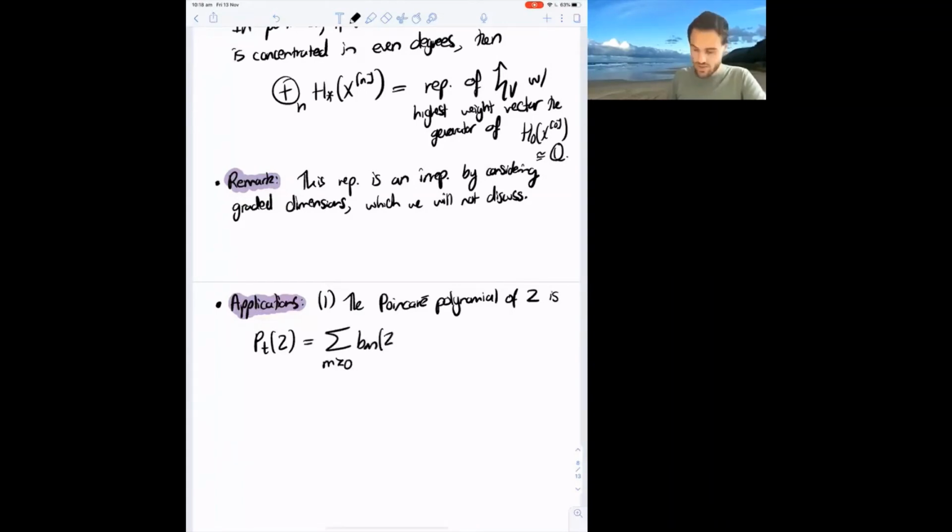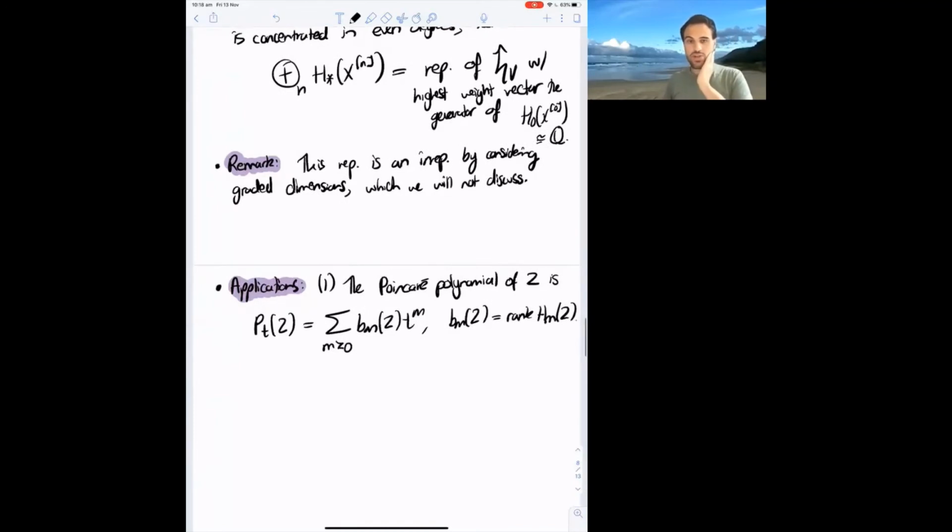You look at the following thing, where the mth Betti number is the rank of H_m(Z). And then what you might be interested in is, let's think about Z being each of the n Hilbert schemes, and then look at the generating function of all of the Hilbert schemes at once.